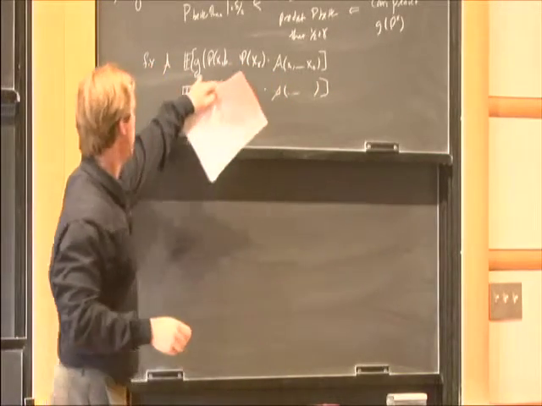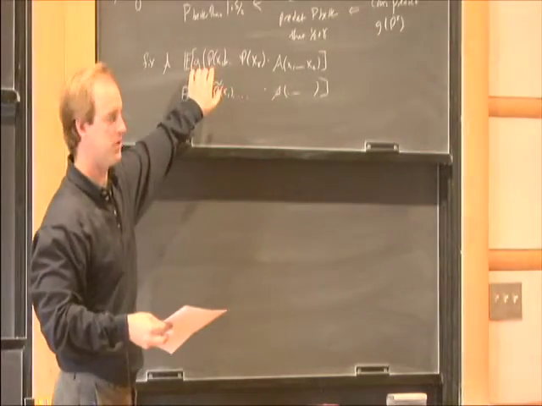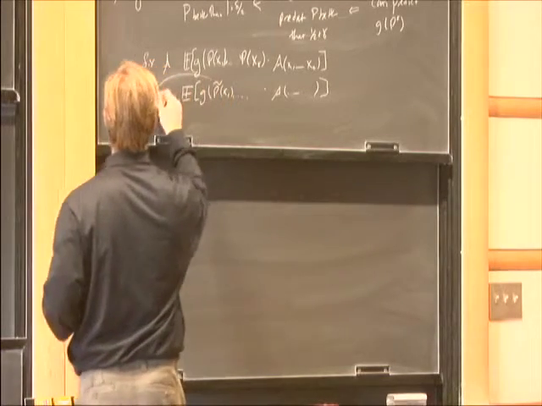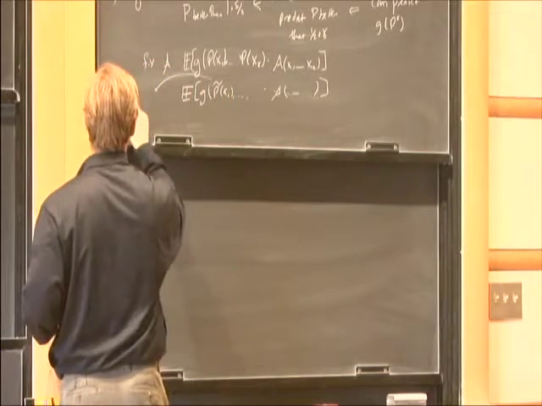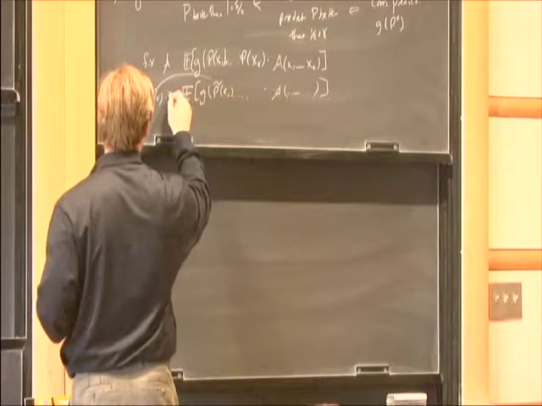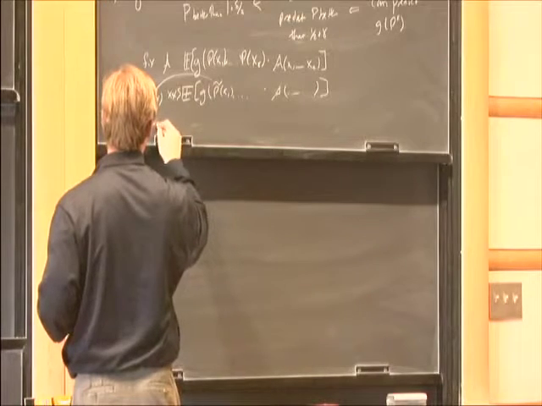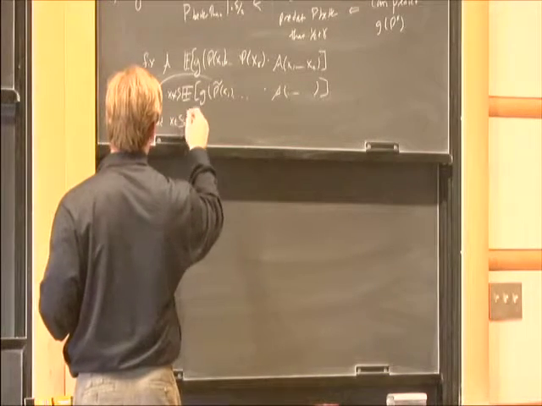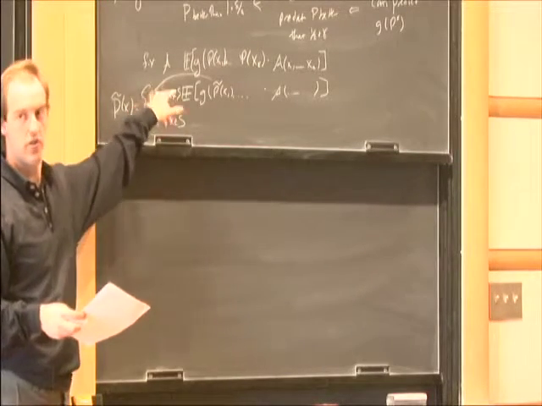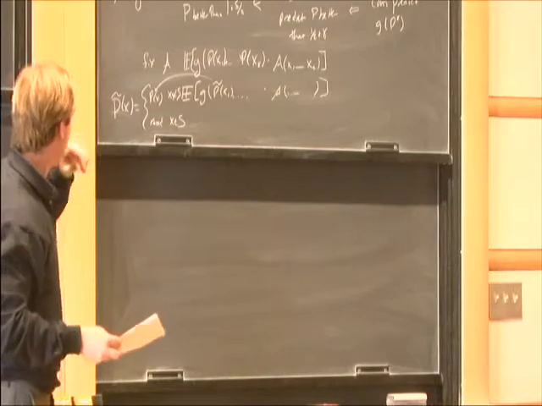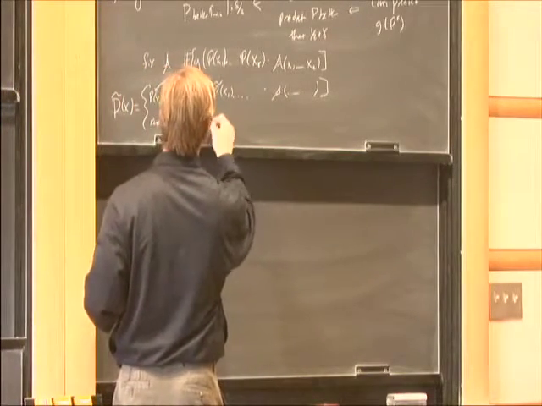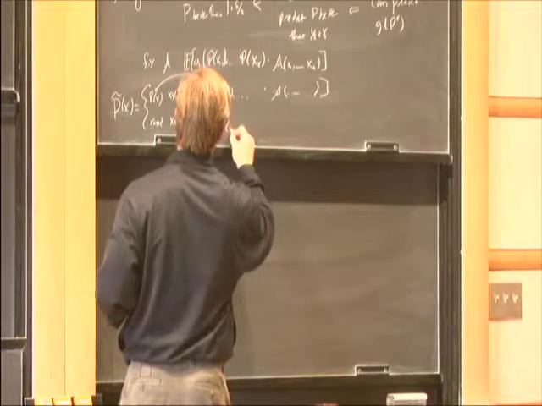So instead of G, which is your combiner function, your XOR, working with P of x1, it's actually going to work with P tilde of x1, which is what? It's random if x belongs to this hard set, and it's whatever it was before otherwise. And you keep on doing this until you've replaced all these P's by P tildes.